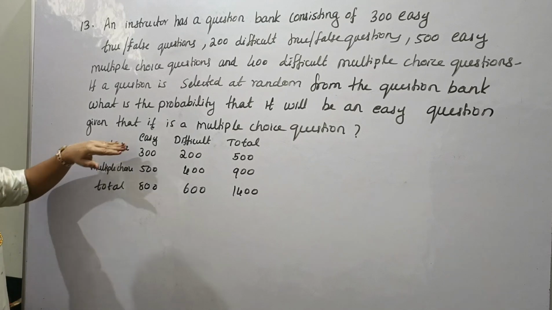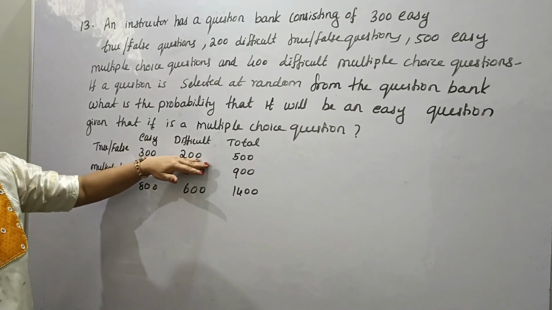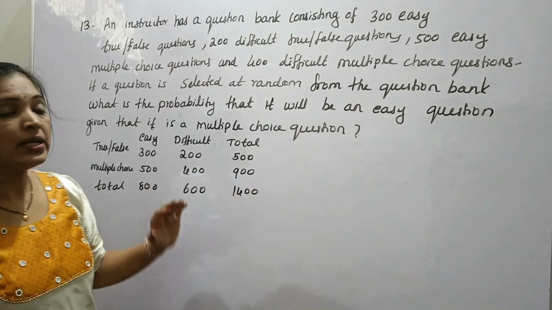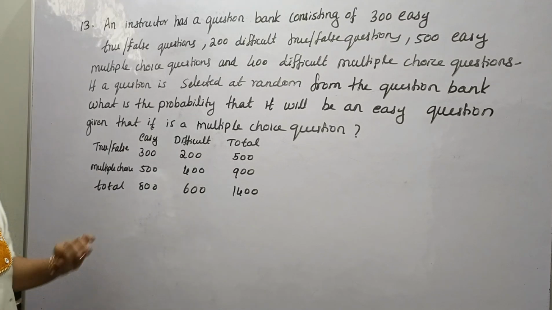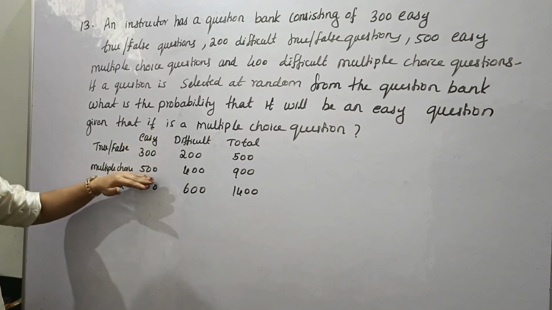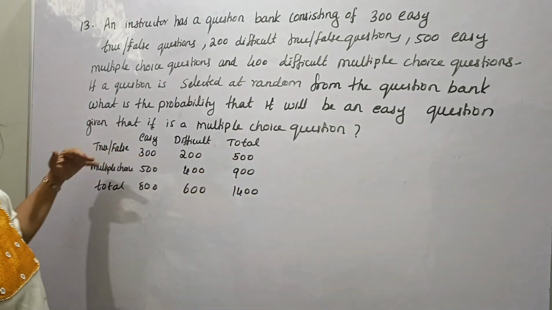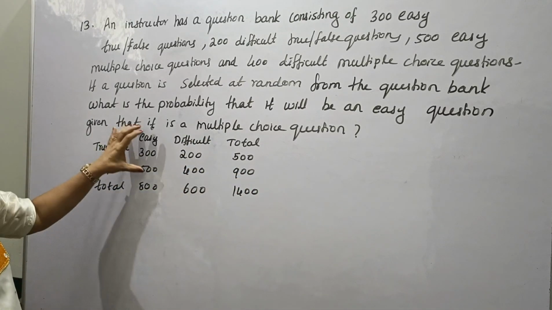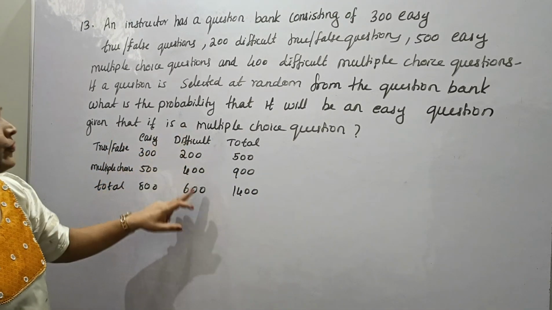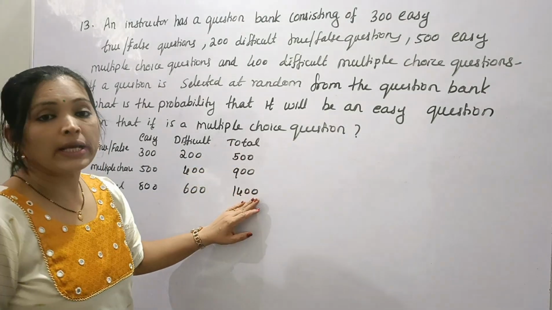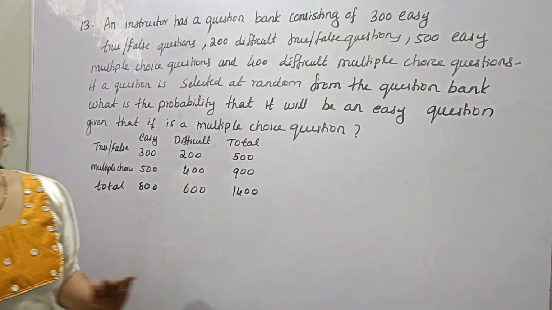True or false questions: easy 300, difficult 200, total 500. Multiple choice questions: easy 500 and difficult 400, total 900. Total: easy questions 800 and difficult questions 600, total 1400 questions.